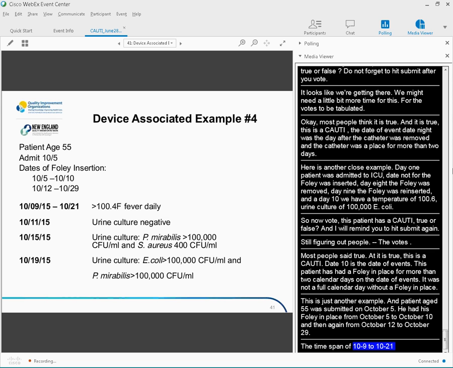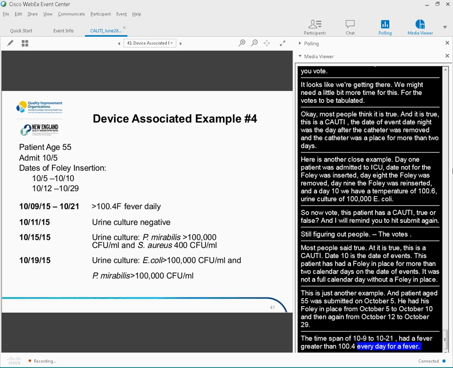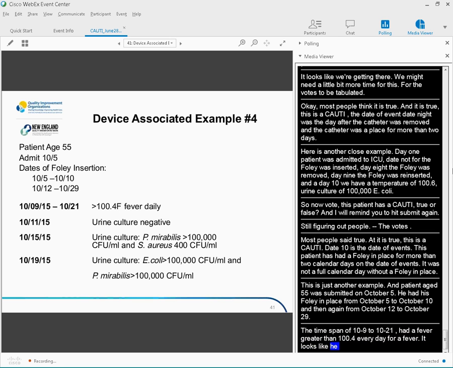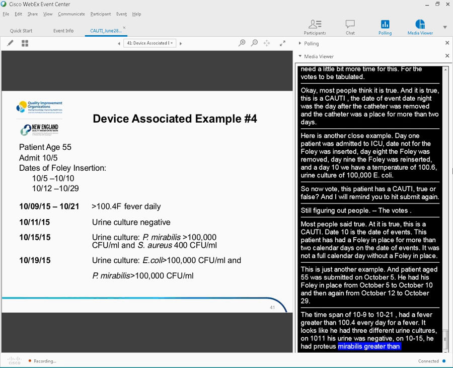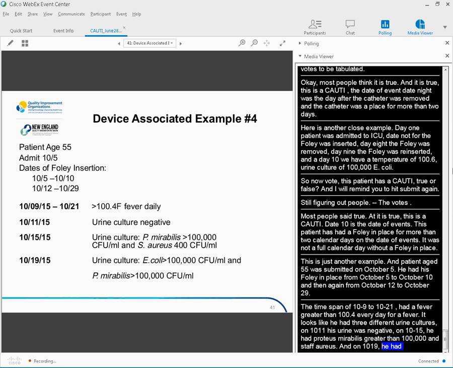It looks like he had 3 different urine cultures. On 10/11, his urine was negative. On 10/15, he had Proteus mirabilis greater than 100,000 and Staph aureus. And on 10/19, he had urine with E. coli greater than 100,000 and Proteus greater than 100,000.